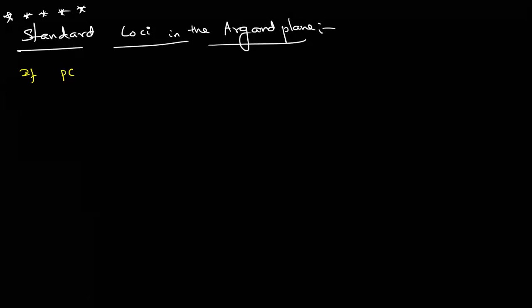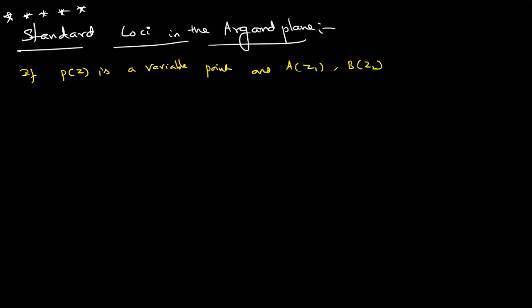If P of Z is a variable point and A of Z1, B of Z2 are two fixed points in the Argand plane.